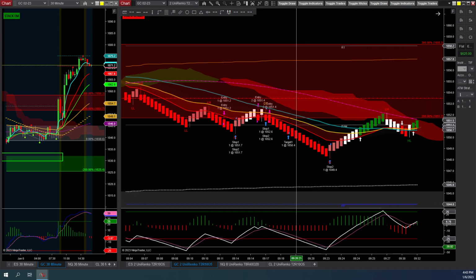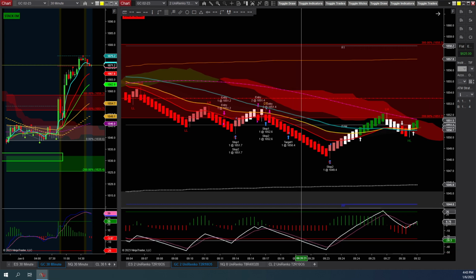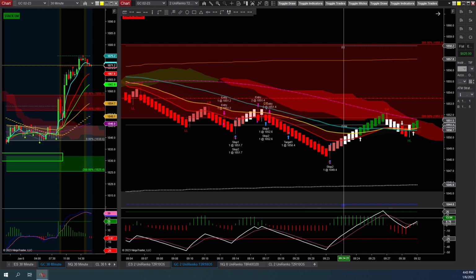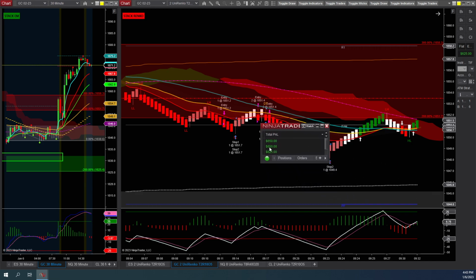There were some losses. Actually, I had 3 losses and 5 winners, so a total of 8 trades. Still, I was profitable, and the total was $625 on the main account.